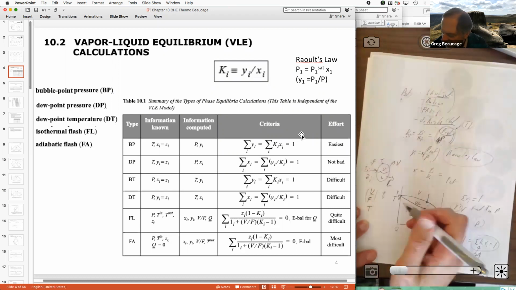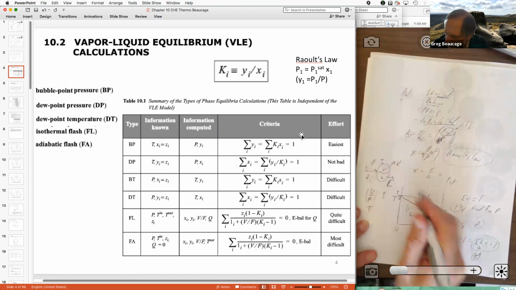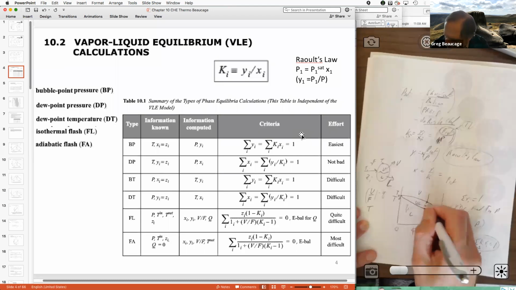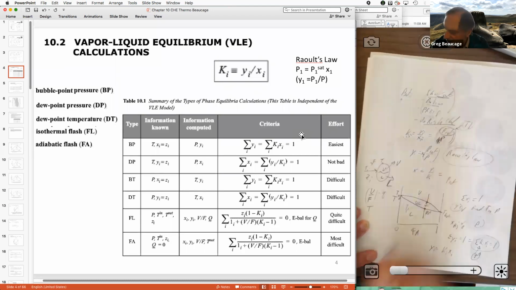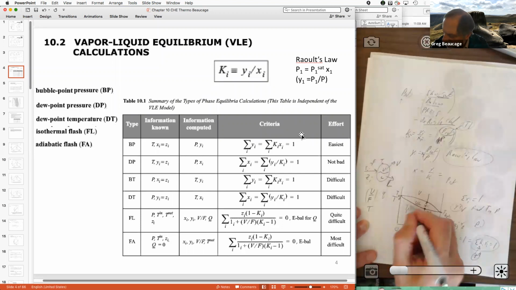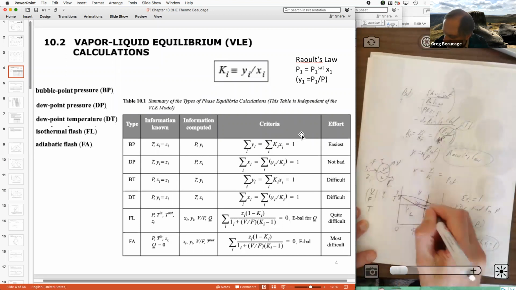And then, so you're coming into this situation where you're just landing at some point here, and then you want to flash it into 2 other things. If you're at some temperature, say the temperature is fixed, and then you want to flash into the vapor and liquid components. Then you want to know both y and x, and you want to know the separation of the 2.